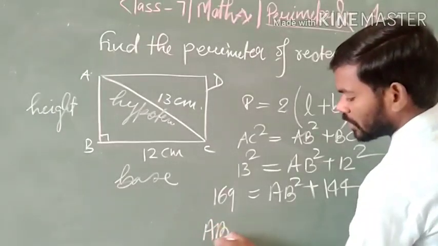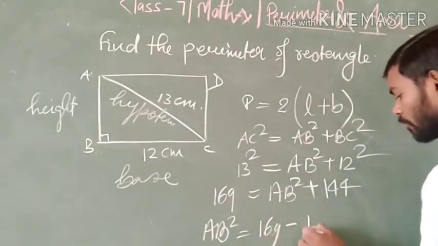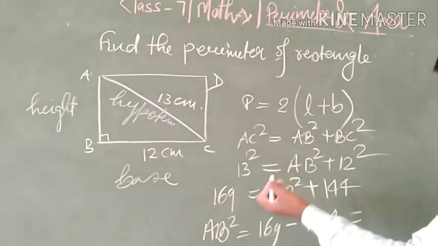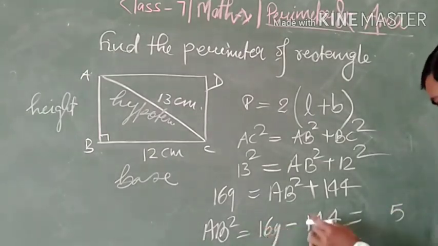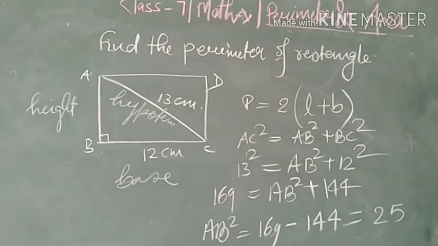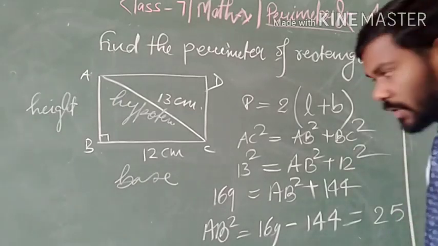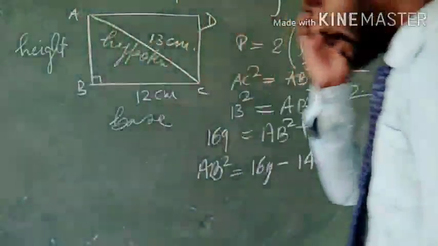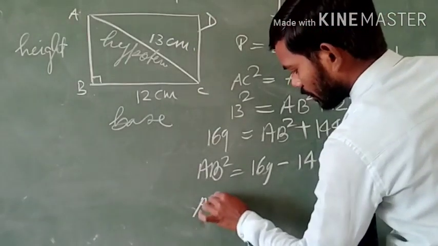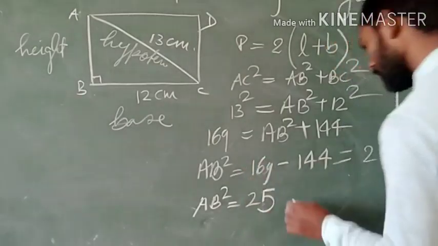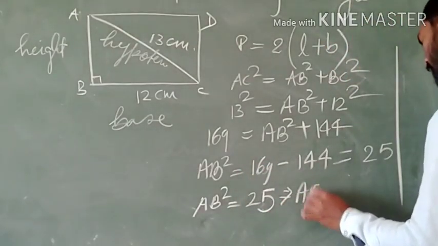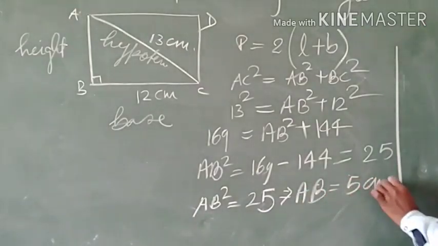At last we get AB square is equal to 169 minus 144, and when we solve it, we get 25. So AB square is equal to 25, which gives us AB is equal to 5 centimeter.